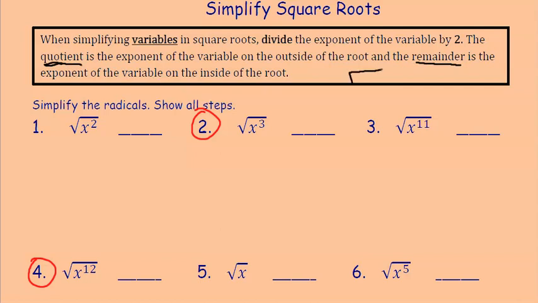So we basically are dividing by 2, and then we have our quotient, and then we have our remainder. We're going to end up with x to the q power on the outside and x to the r power on the inside.